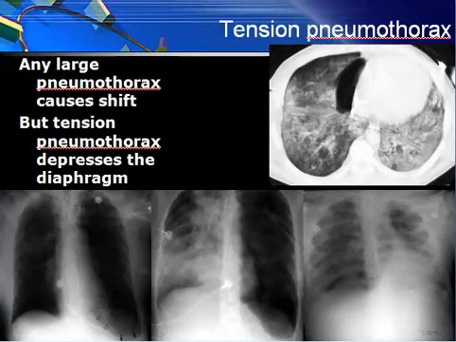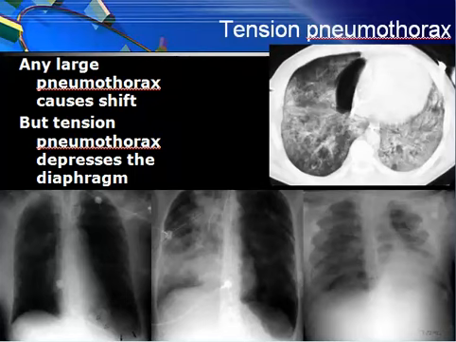Tension pneumothorax: you find the heart shifted to the other side, and this is the air seen anterior to the partially collapsed lung, and here is the shift of the heart to the other side, delineated with a markedly depressed diaphragm.